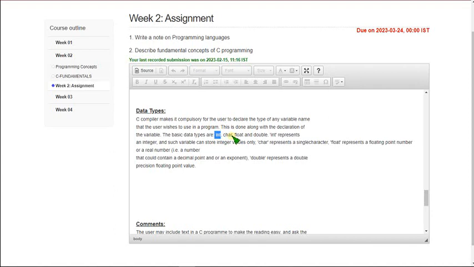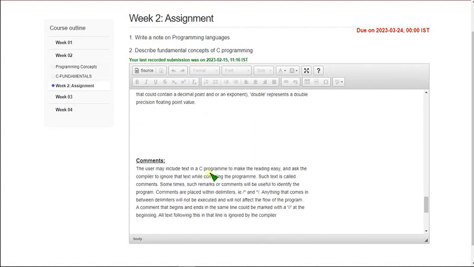If it is a character like A, B, C, D, we use char, which means character. Next, float is used for floating point values like 3.12, 2.76. And double is an extended form of float, like 2.3896, meaning it takes many values after the decimal point.